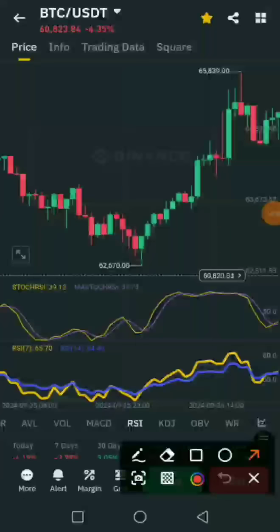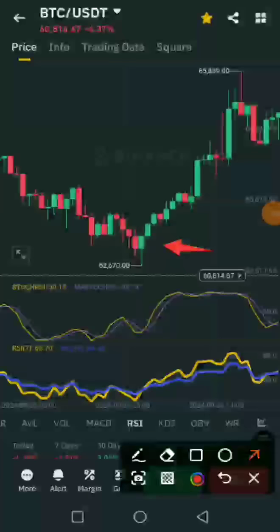Over here, when BTC was at 62,670, the normal RSI, RSI 14 over here, is showing 64, and RSI 7 is showing 65, meaning that this asset is overbought and is due for reversal. That is what this RSI is telling us.